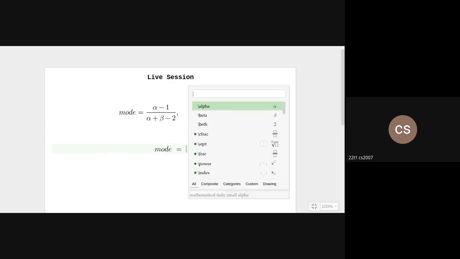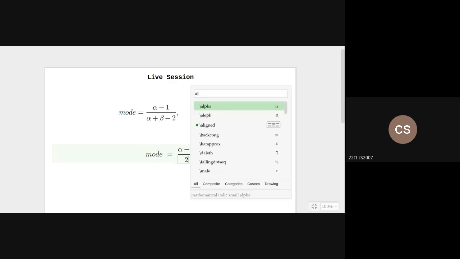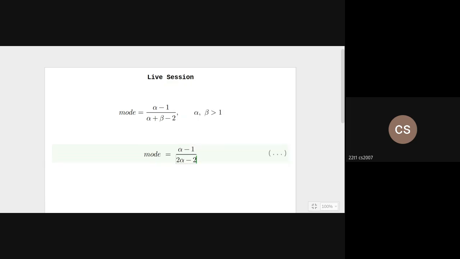Let's say it could be any alpha: alpha minus 1 by 2 alpha minus 2, right? This is the mode when alpha is equal to beta. How can I rewrite 2 alpha minus 2? We can take the 2 common. So this is nothing but half. So the mode is half when alpha and beta are equal.